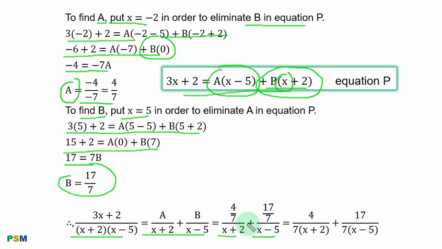When you simplify, 7 will meet s + 2 in the denominator. Same thing happens here, and you have 4 over 7(s + 2) plus 17 over 7(s - 5).